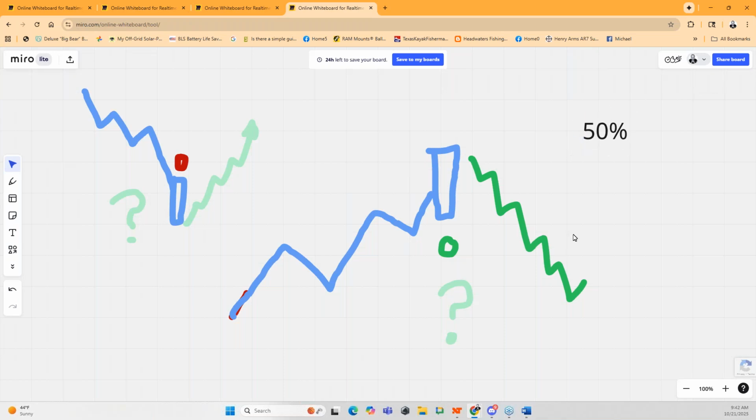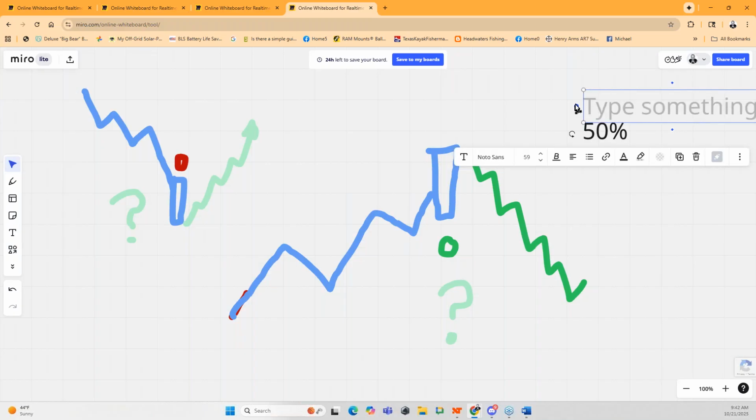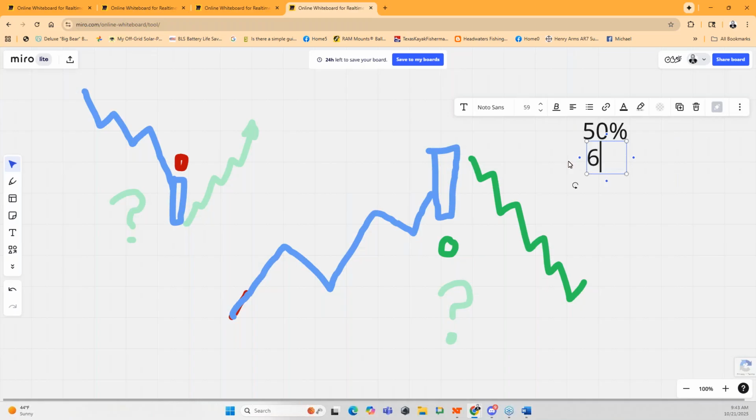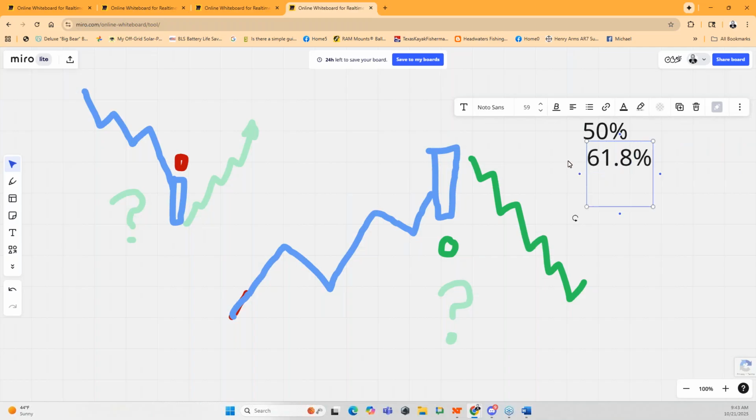And you were like, no, what's that? And this was all you knew for a while. And then someone comes along and tells you, hey, did you know about the 38% retracement? And you're like, no. And then someone says, you're going to really have your mind blown because there's something called a 61.8% retracement. And you're like, shut up. I thought the 50 was all of it.